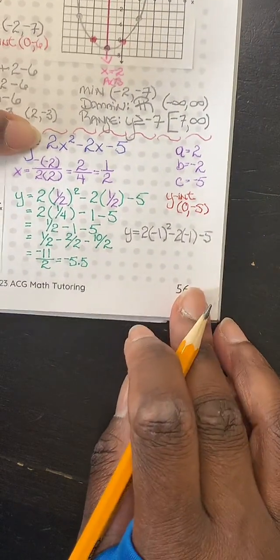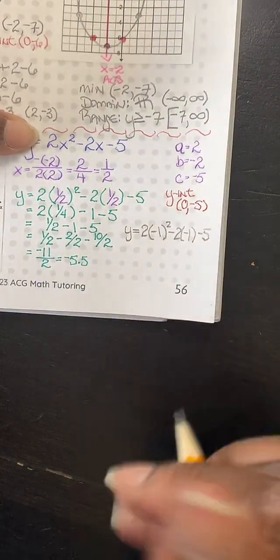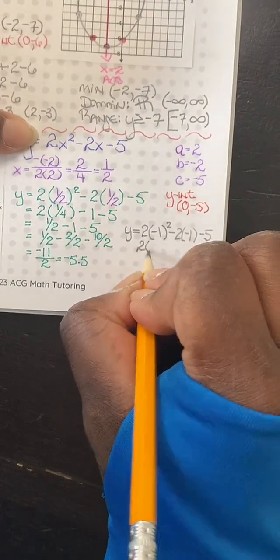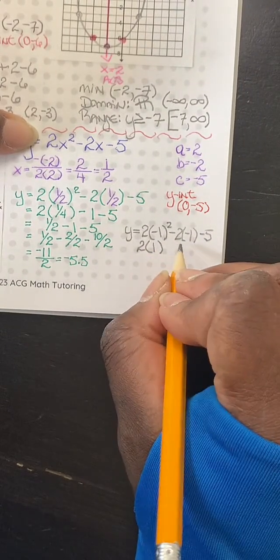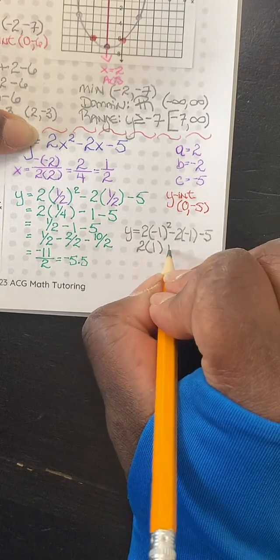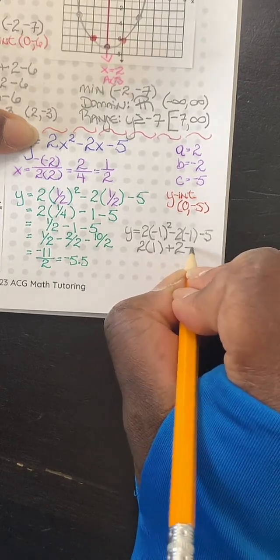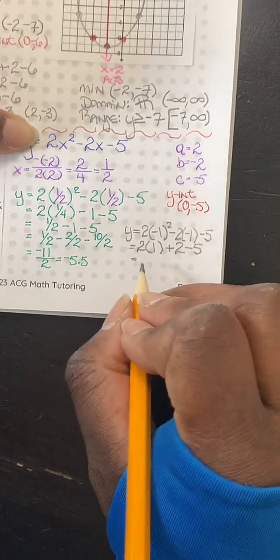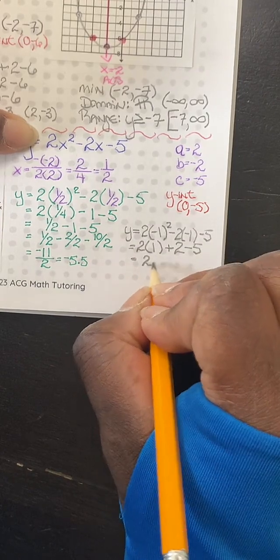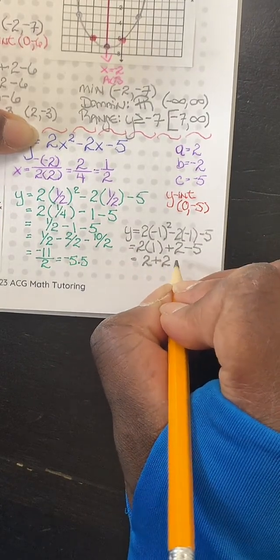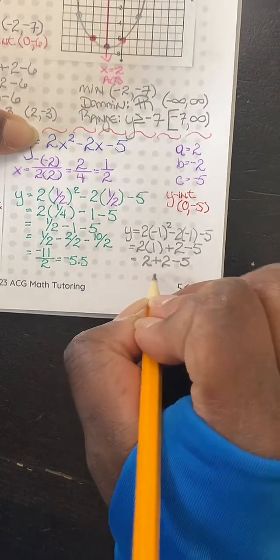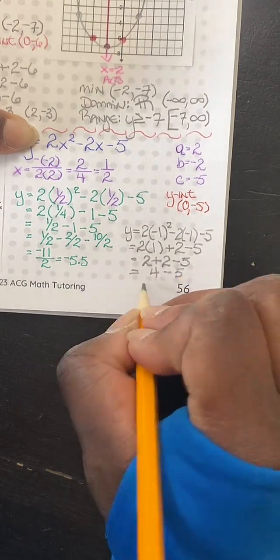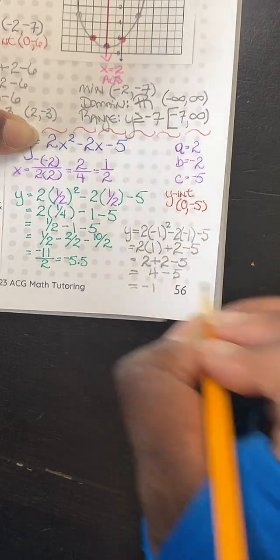And let's see what that would give me. So -1 squared, that gives me a +1. So 2 times 1. -2 times -1 gives me a +2. Minus 5. So 2 times 1 gives me 2. 2 plus 2 gives me 4. And 4 minus 5 gives me a -1 back.